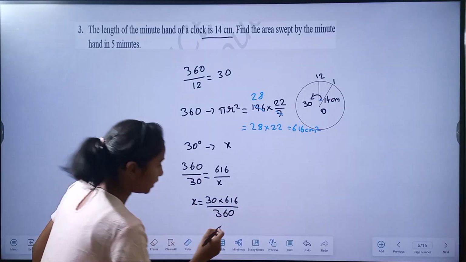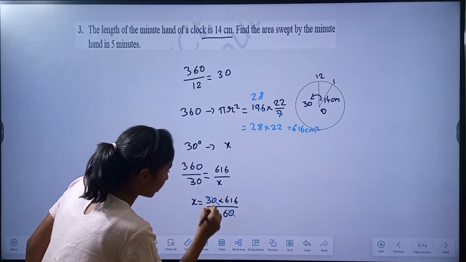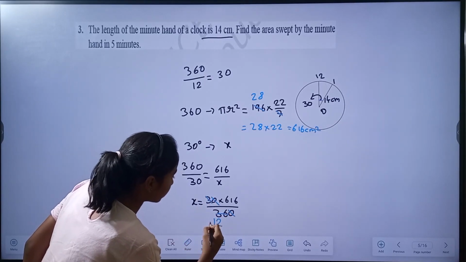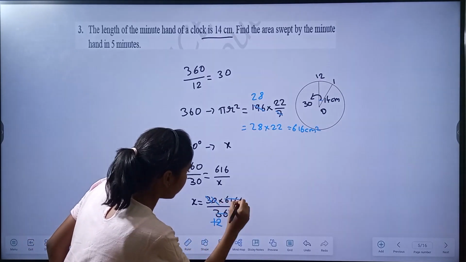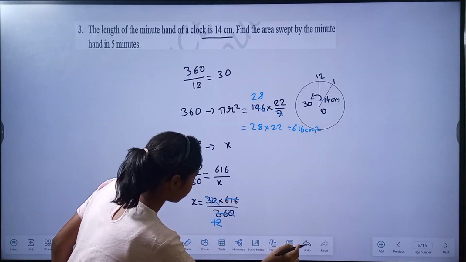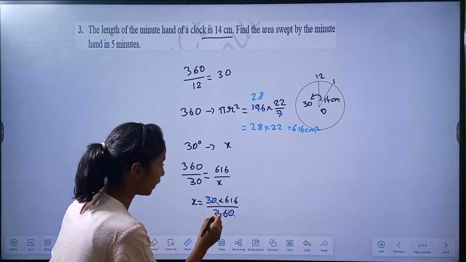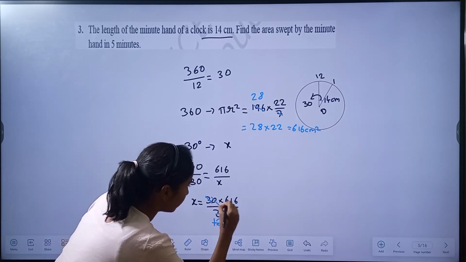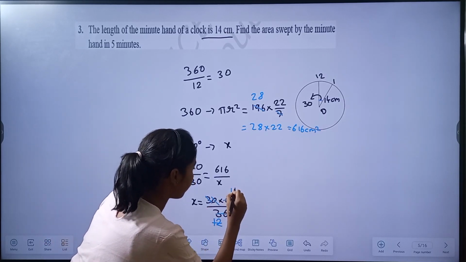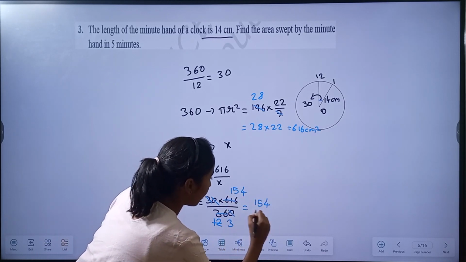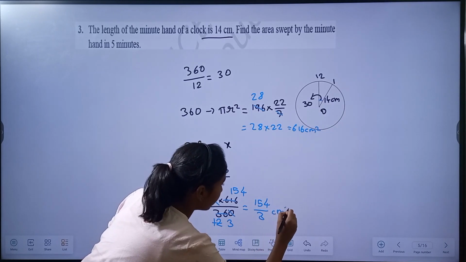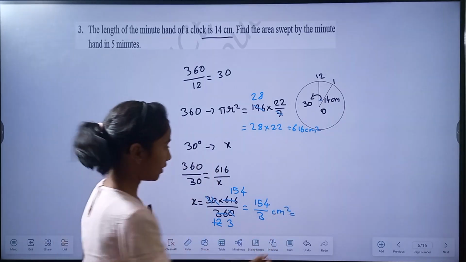We can cut the zeros, and 3 and 12, then by 4 we get 154 by 3. So the area is 154 by 3 centimeter square.